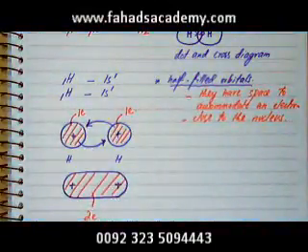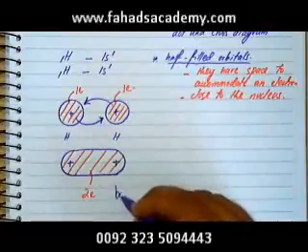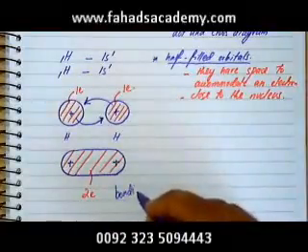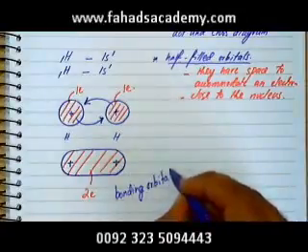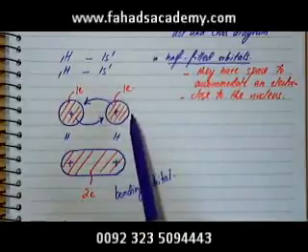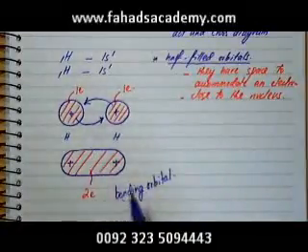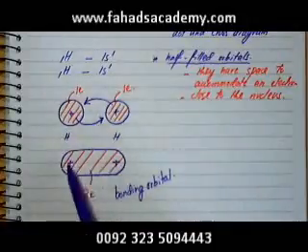This orbital is called the bonding orbital. The two orbitals which were separate, part of different atoms, have now merged and mixed together, and the two electrons are now equally being shared between the two nuclei.